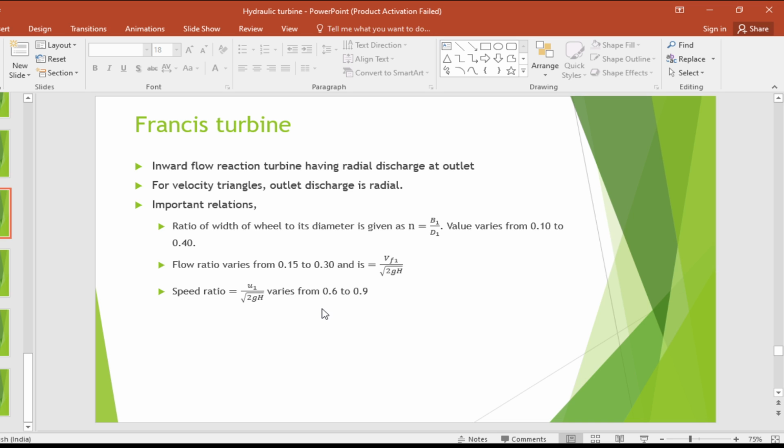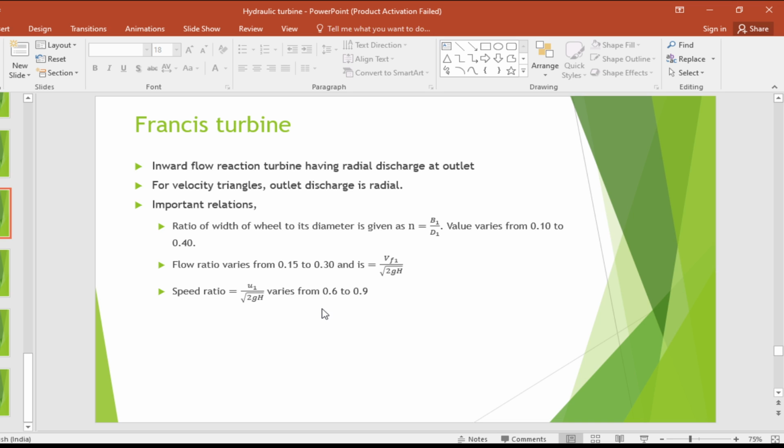Now, because of this, work done by water on the runner is rho q vw1 u1. This is also covered in a previous numerical. In the usual manner, we find the work done using the relation rho q into vw1 u1 plus or minus vw2 u2.